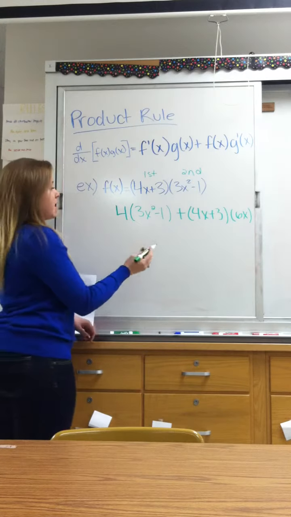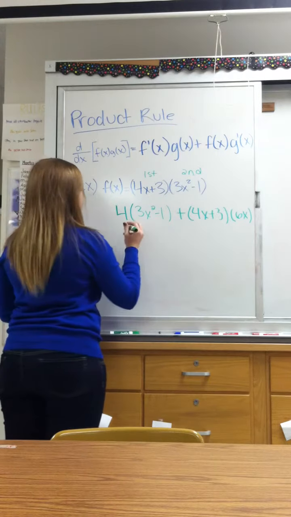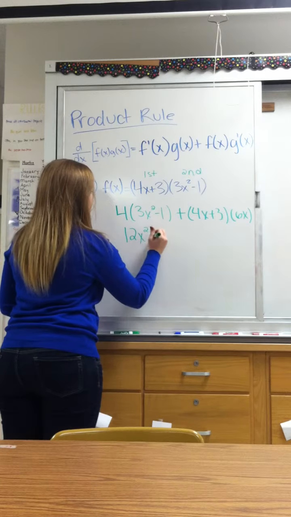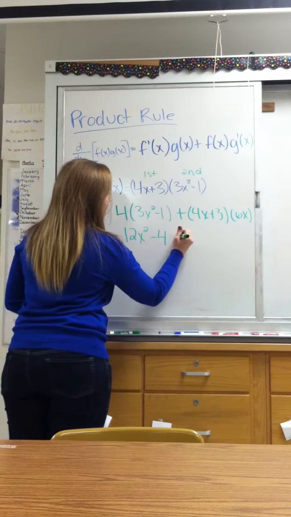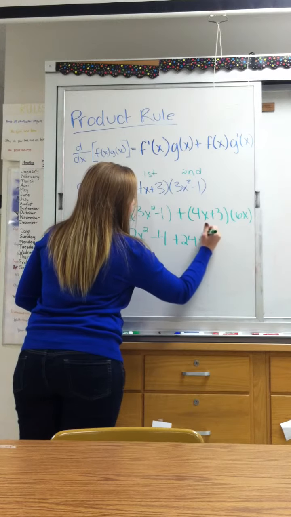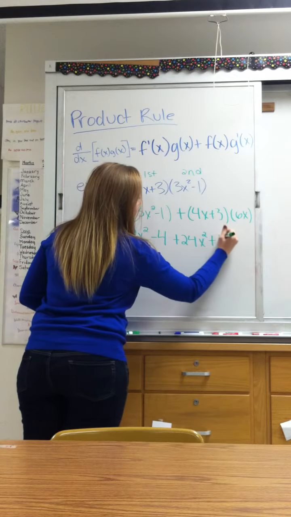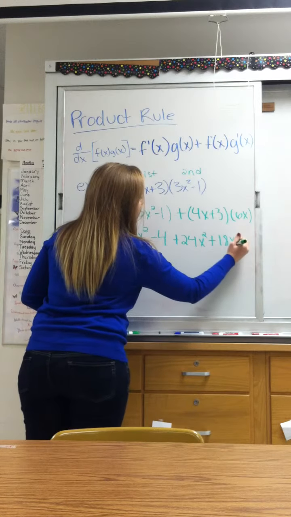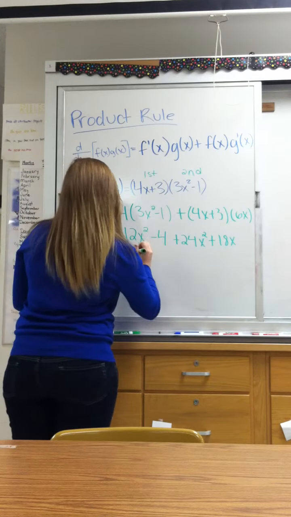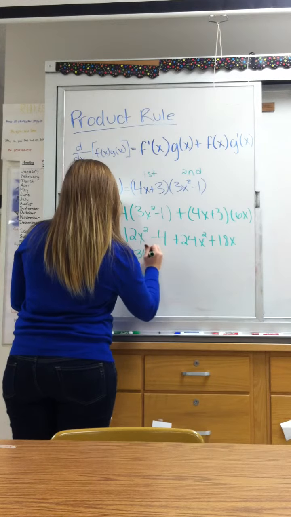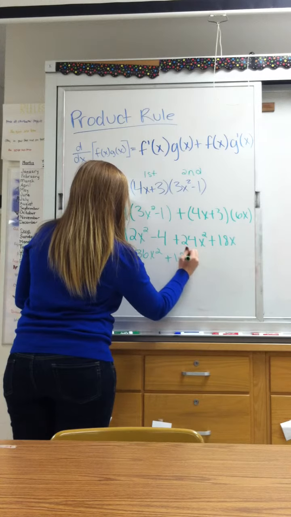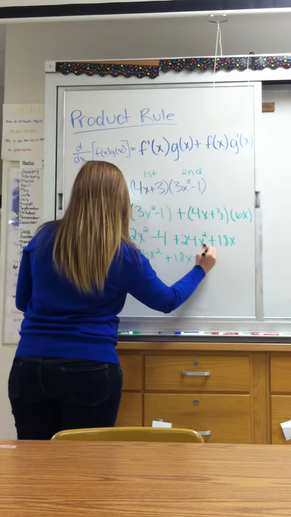And then to simplify this, you just go ahead and multiply it all out, which is 12x squared minus 4 plus 24x squared plus 18x. And then you just add like terms, so it's going to be 36x squared plus 18x minus 4.